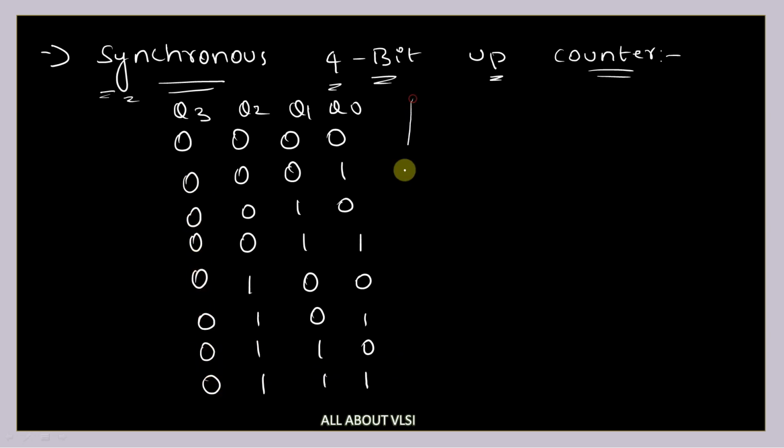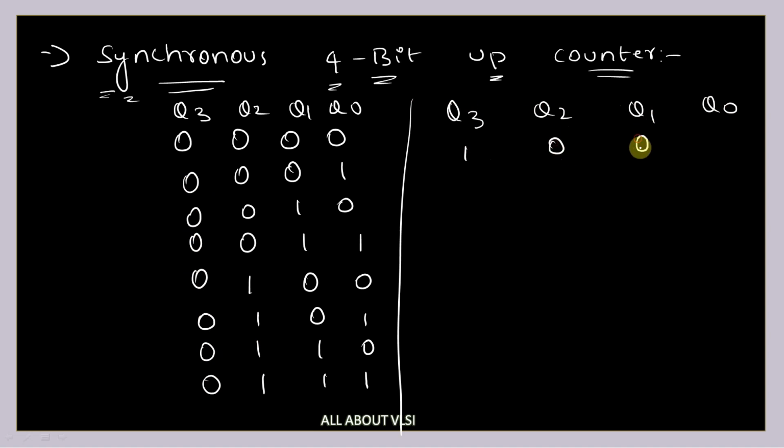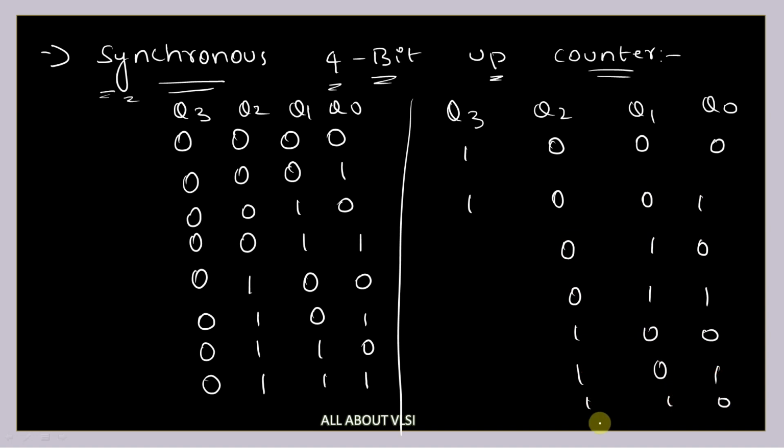Okay, and followed by the next sequence, let me draw it Q3, Q2, Q1 and Q0, and this is 1 followed by 000, 0, 0, 1, 0, 1, 0, 0, 1, 1, 1, 0, 0, 1, 0, 1, 1, 1, 0, 1, 1, 1. And this is my sequence which I am going to draw for my 4-bit up counter.